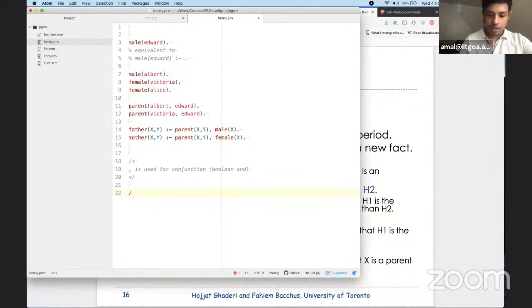Let me take a detour. If I write P implies Q, that is equivalent to negation P or Q.